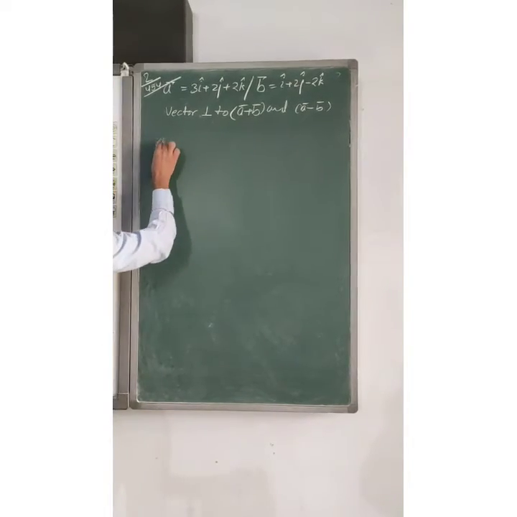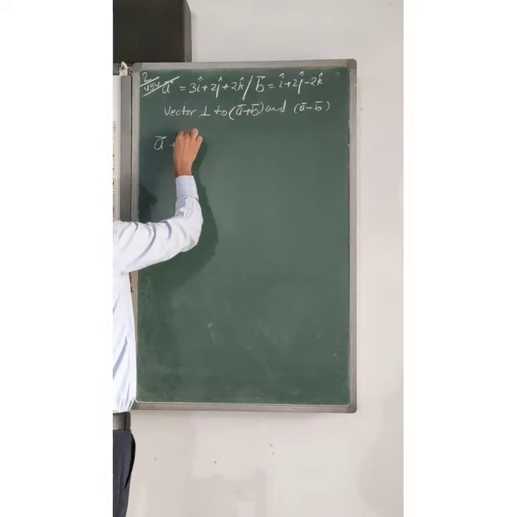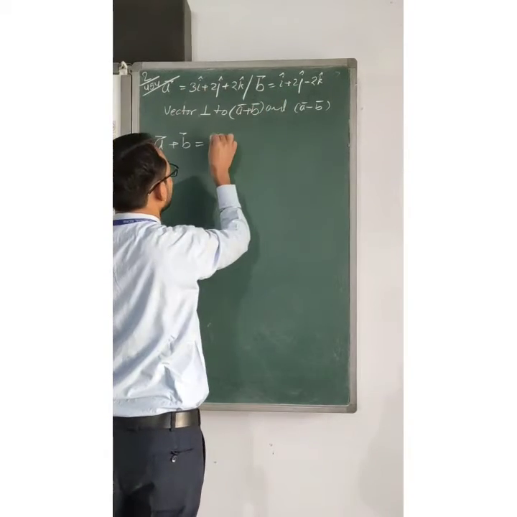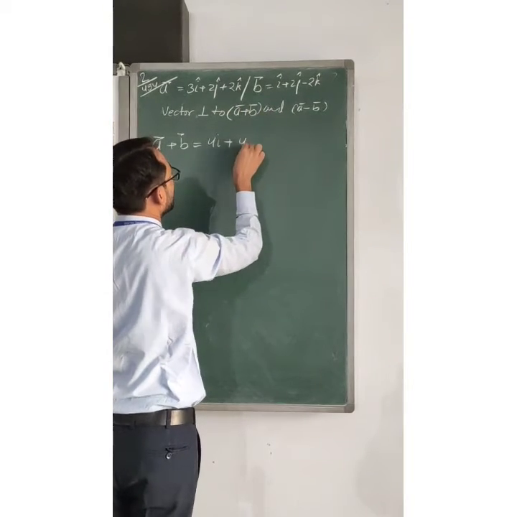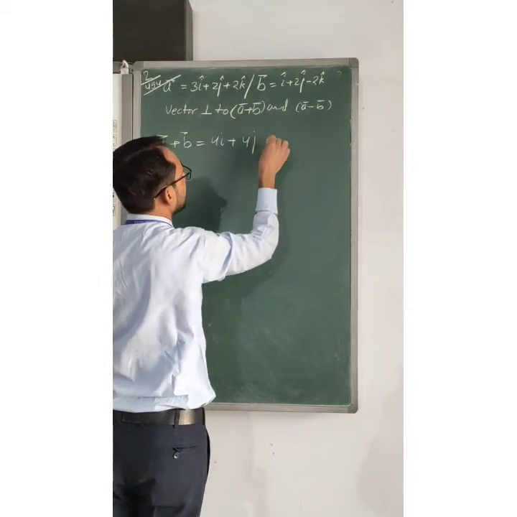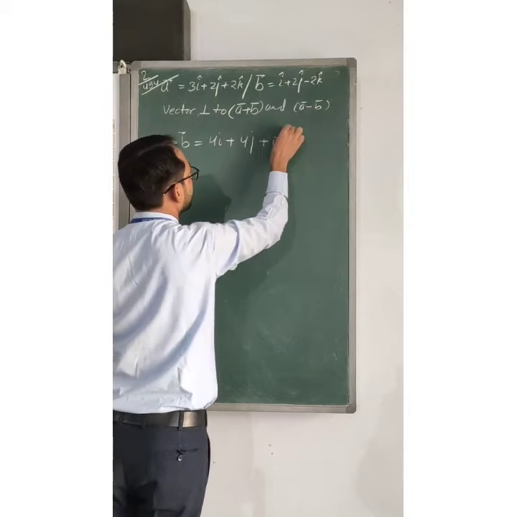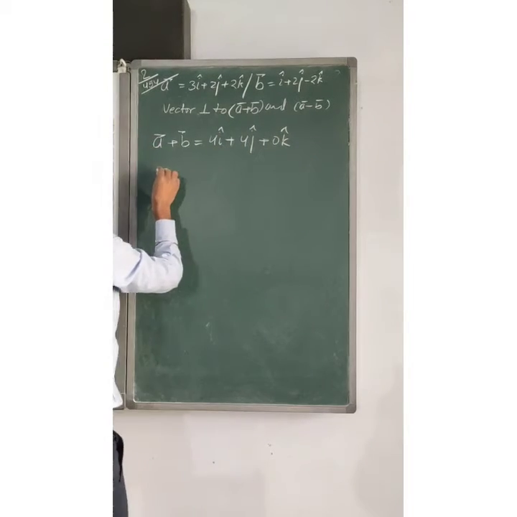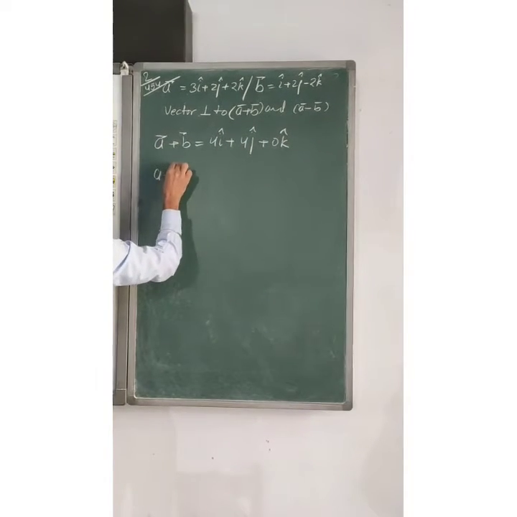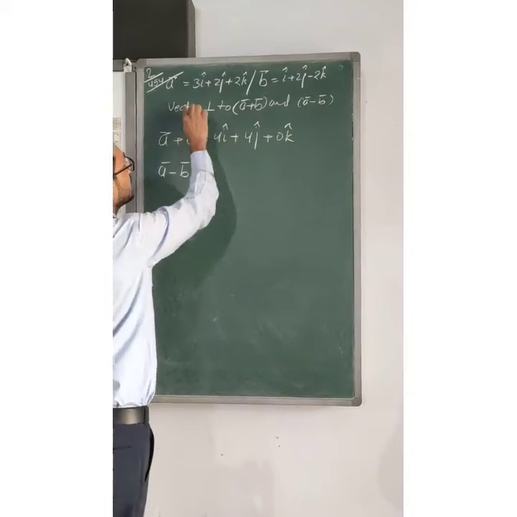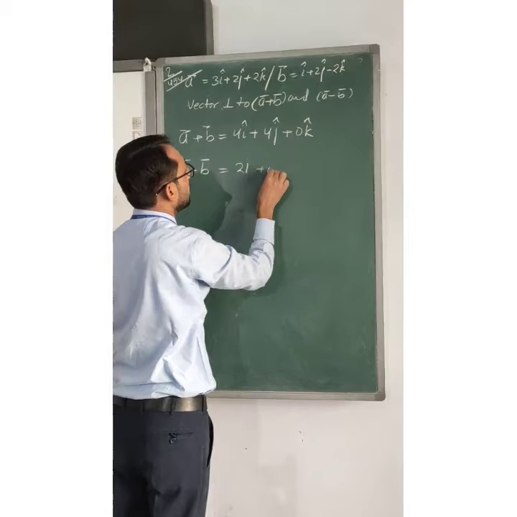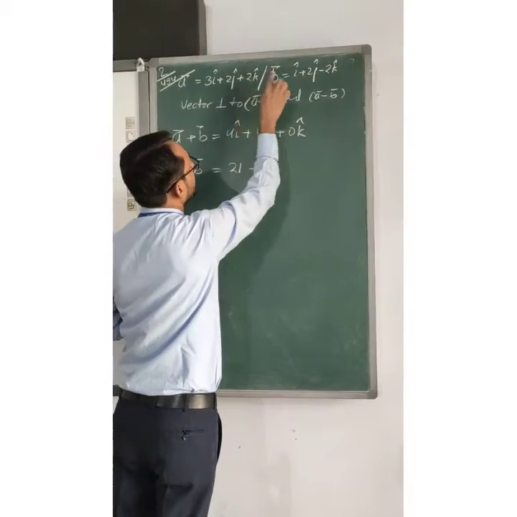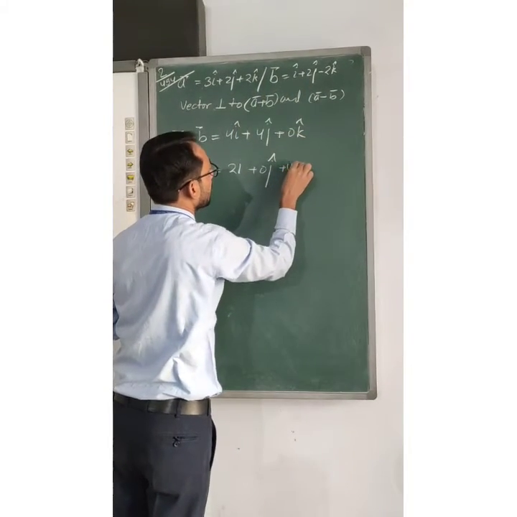I am calculating A plus B. This will become 3 plus 1, 4i, 2 plus 2, 4j, 2 minus 2, 0k. Now I am calculating A minus B. A minus B will be 3 minus 1, 2i, 2 minus 2, 0j, 2 plus 2, 4k.